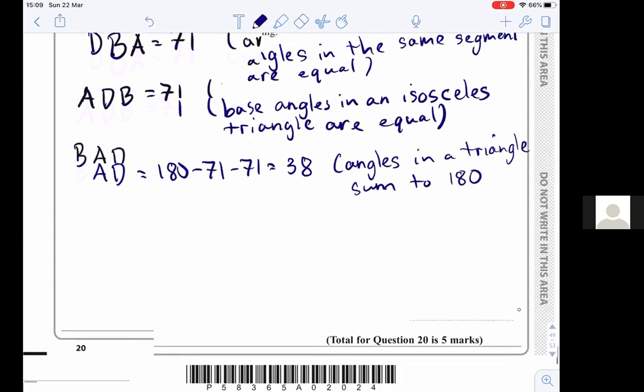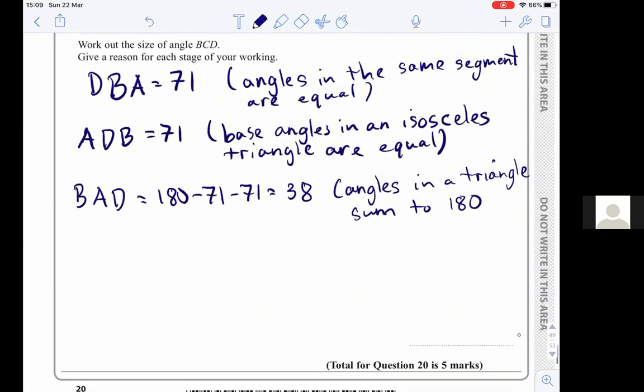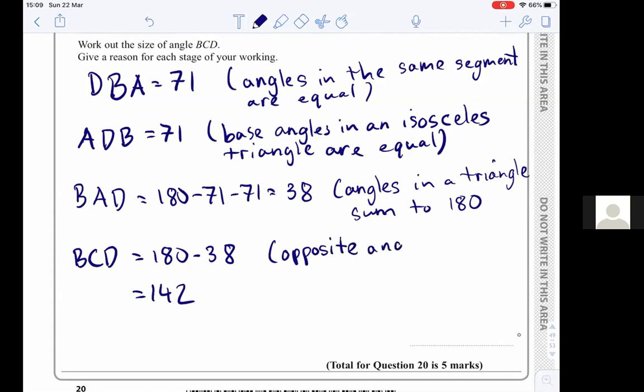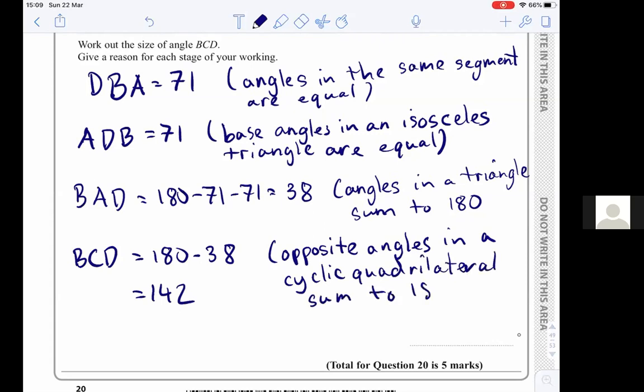And then finally, I worked out BCD was 180 minus 38, which was 142, because opposite angles in a cyclic quadrilateral sum to 180. So 142.